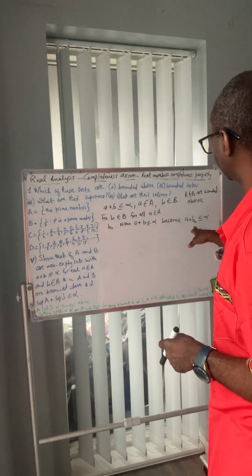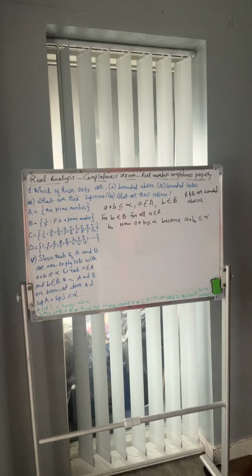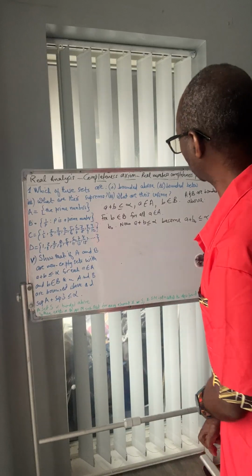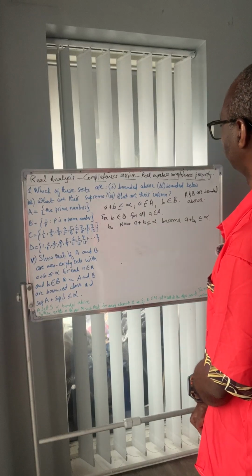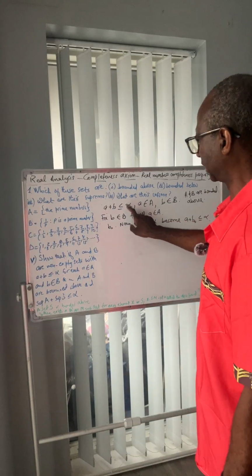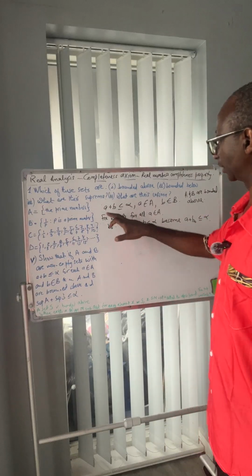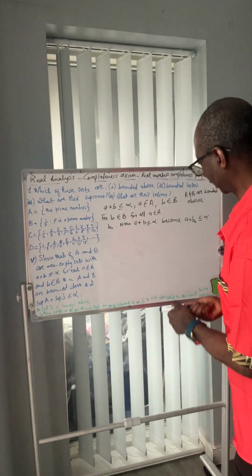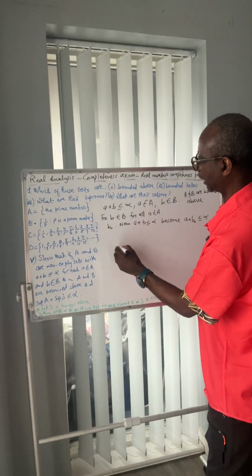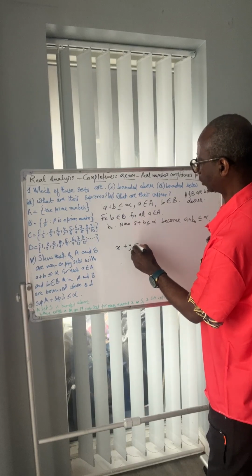So by fixing one element in one set, you try to work out what this is. This is not a variable, this is a constant. These two are variables, this is a constant. It's like if they ask you to say x plus y equals 2.